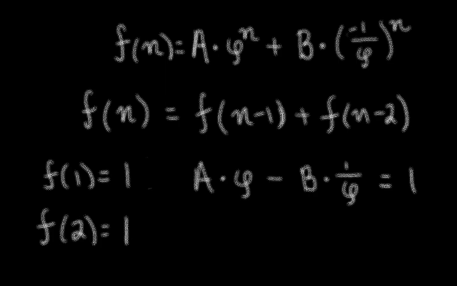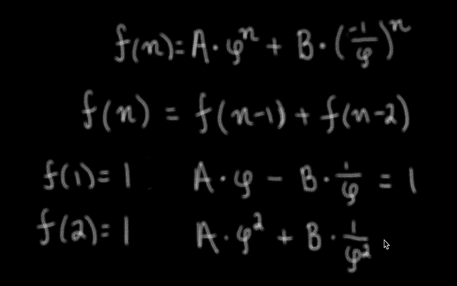But we also know if we plug in 2, we'll have a times phi squared minus b. Well, actually, that's going to be plus b now because we're squaring the negative 1, 1 over phi squared. That should equal 1. So this actually gives us a system of equations to solve for these undetermined coefficients, a and b.